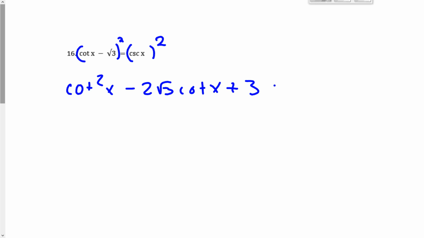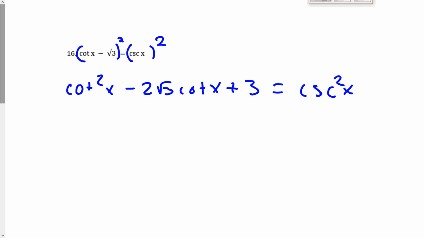We're going to square this as well, so we can FOIL this one out. This one's cotangent squared x minus 2 root 3 cotangent x, and then minus, or would it be plus 3 at the end there, and this is equal to cosecant squared x.